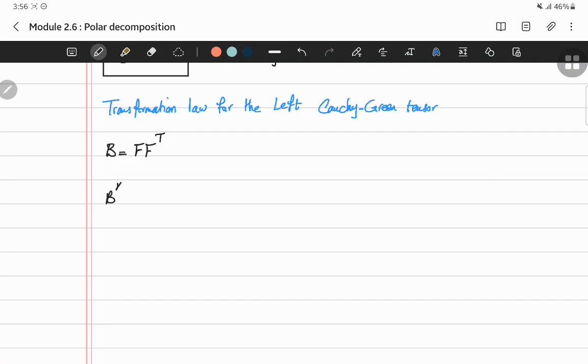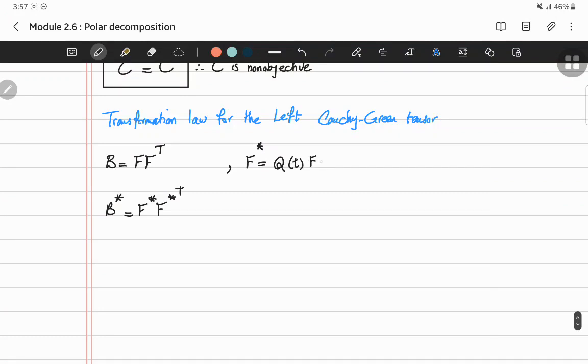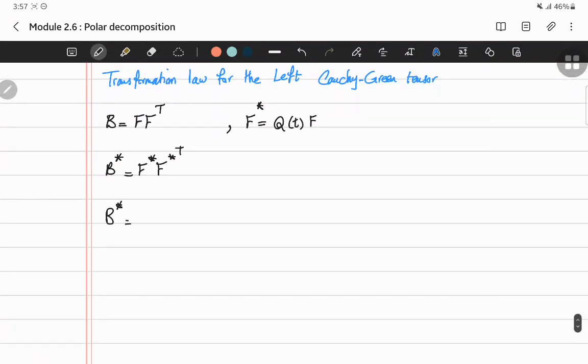Then in another frame, it is F star F star transpose, and F star is, it's good to write it here, F star is equal to QF. It's already here, 8. So I start from B star is equal to F star F star transpose, which is equal to, from 8 again, QF times QF transpose, which is equal to Q F F transpose Q transpose.